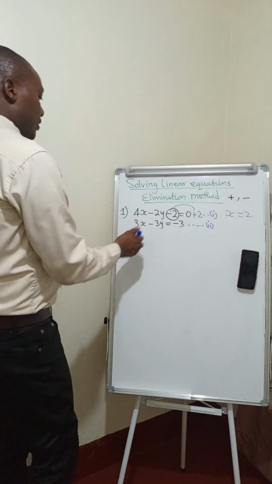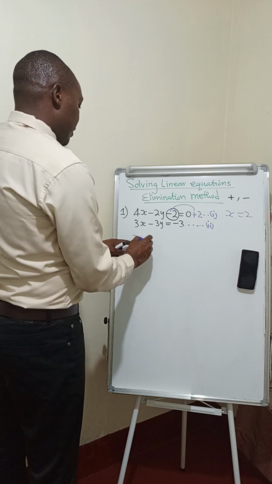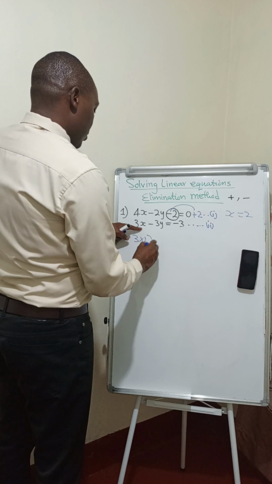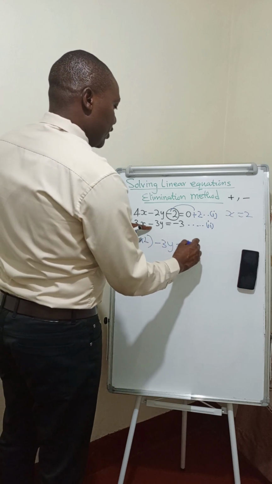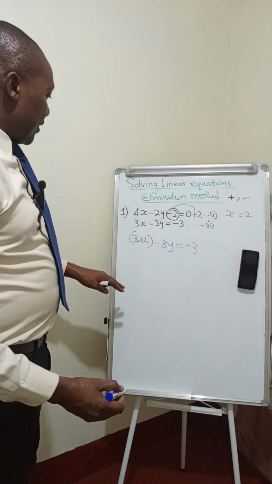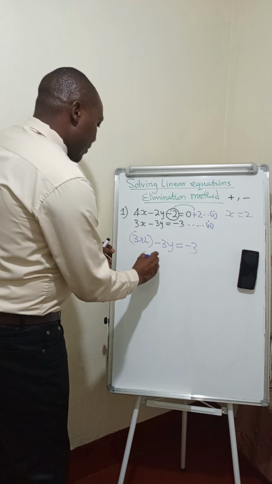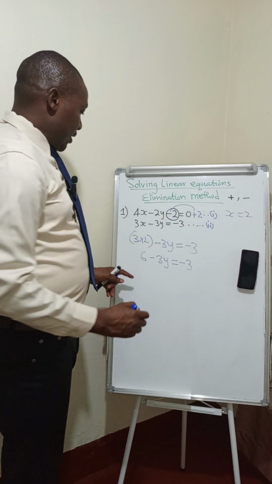I can pick this one, 3x, meaning 3 times x, that is 2, minus 3y is equal to negative 3, right? Now, 3 times 2, you'll get 6, minus 3y is equal to minus 3.